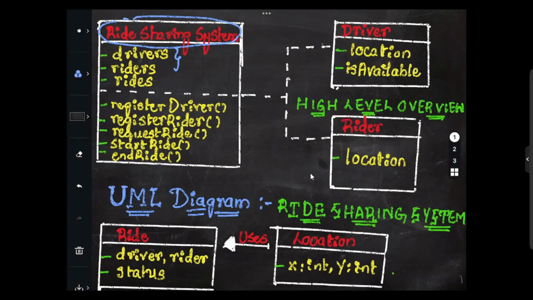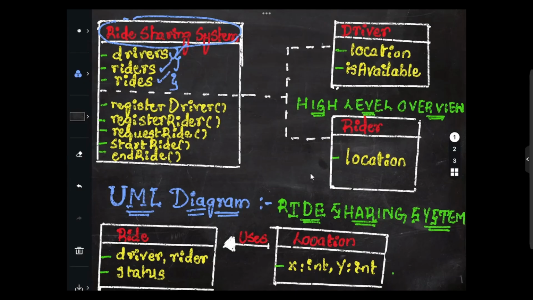Riders and drivers will be of the type map, so we'll be making use of the hash map. For rides, we should have a list of rides, so we'll be making use of the array list. Just keep this in mind. So within the ride sharing system, we have the variables drivers, riders, and rides.